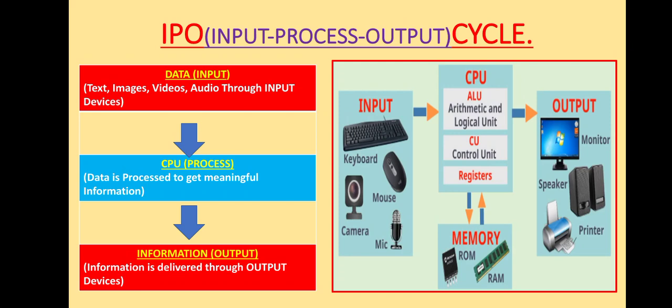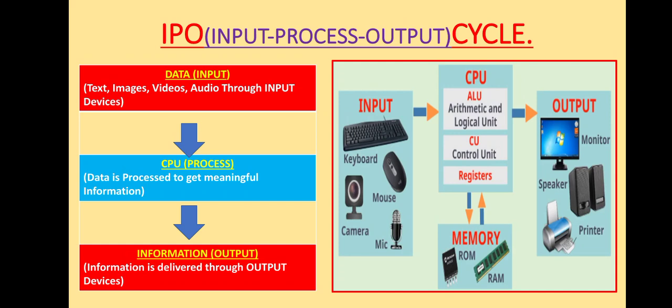To collect this data, we need input devices. Data can be in the form of text, images, videos or audio. All this data is given to the computer by using different input devices.